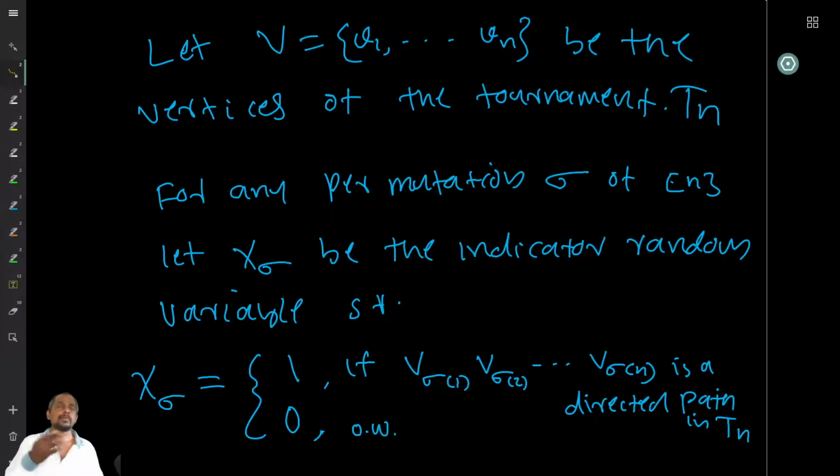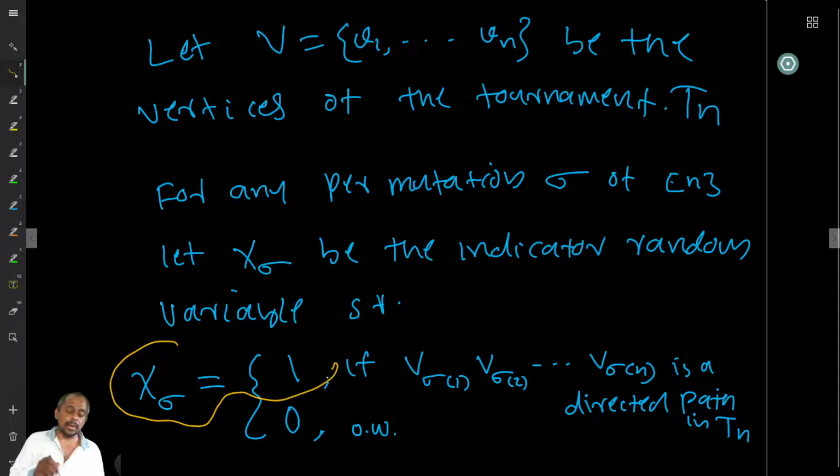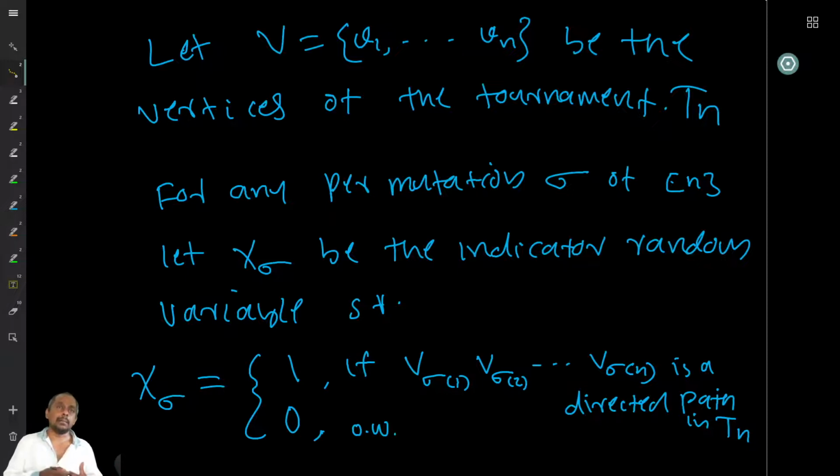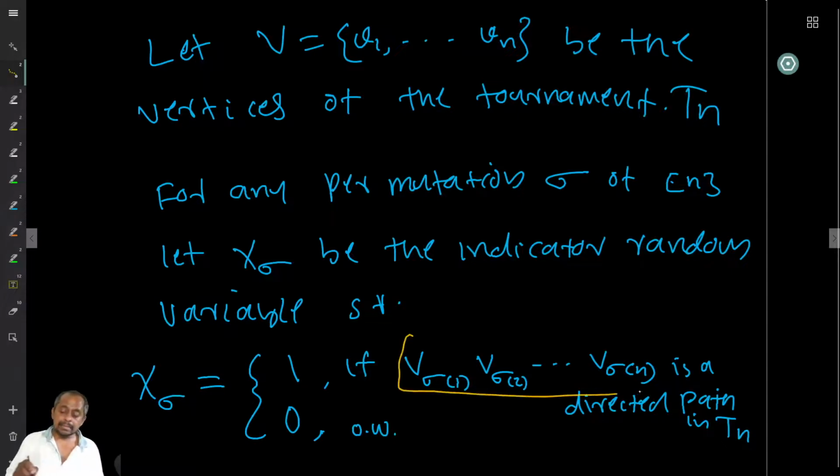So we are associating a random variable with the permutation, such that X sigma takes the value 1 if the permutation can be associated with a path in the graph. Whether it is a directed path, we don't know, but we get a sequence of vertices V sigma of 1, V sigma of 2, etc., V sigma of n.